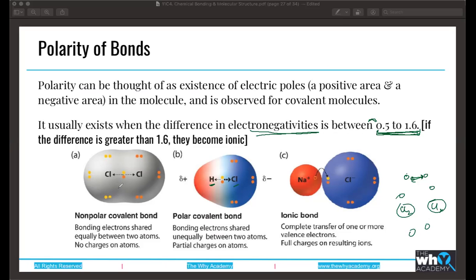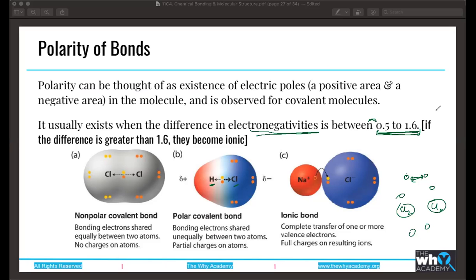Oh, okay, sorry. So think of it this way. If the difference in electronegativity is a lot, like, metals are basically electropositive. Their electronegativity is going to be very, very low, almost zero-ish. And non-metals' electronegativity is going to be pretty high.